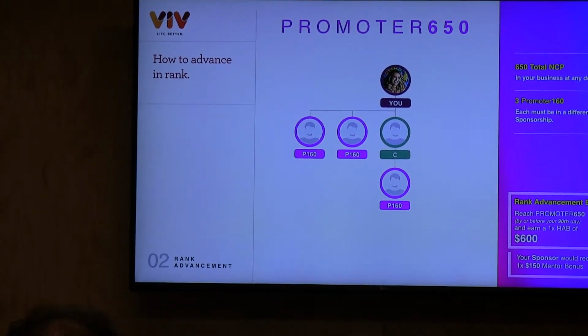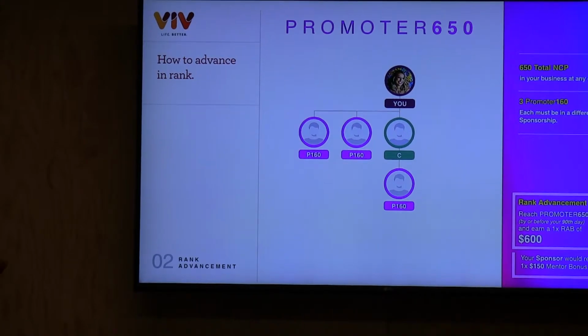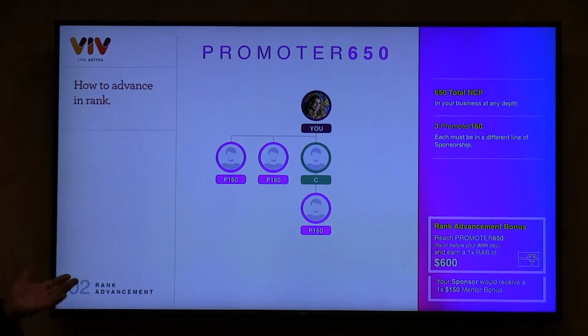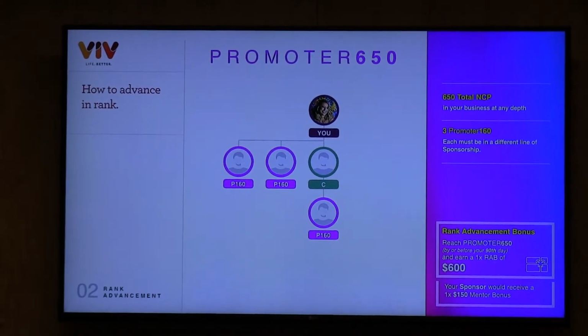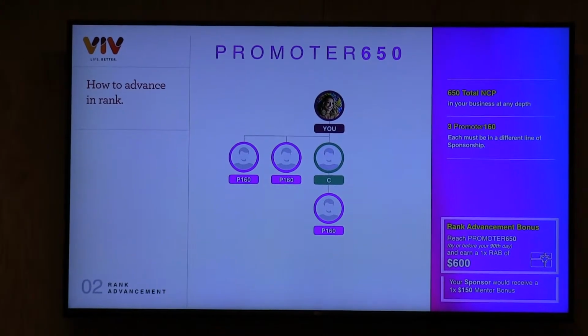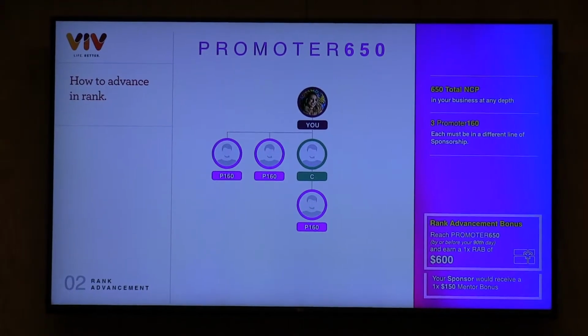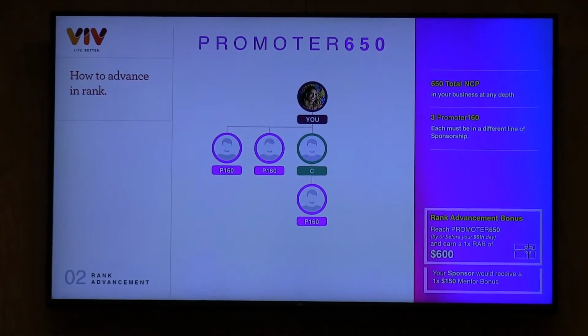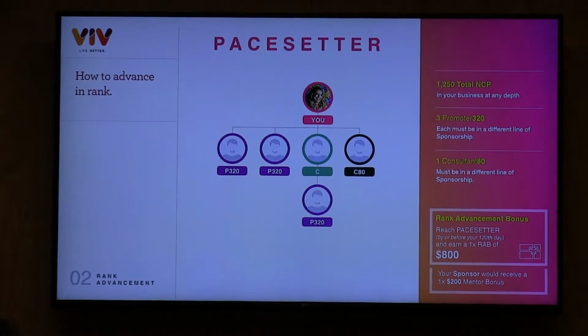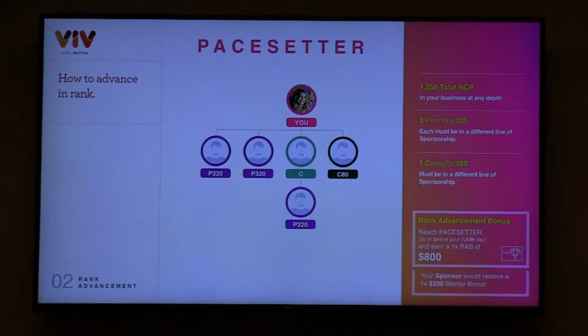Promoter 650: 3 lines of Promoter 160, $600 rank advancement bonus, $150 mentor. This is a 90-day window to hit this rank. Again, you could have hit one or both of the previous rank advancement bonuses, or none of them, and still earn this one. And then Pay Center, 1,250 network points.